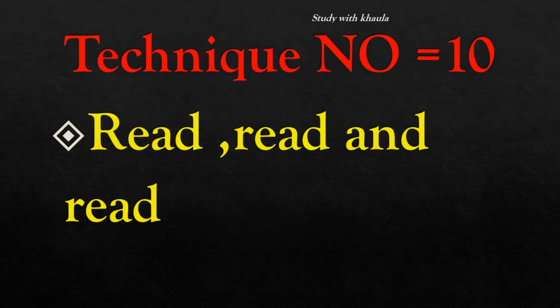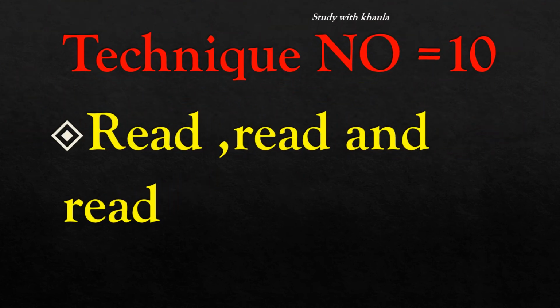Technique number 10. This is the last technique we are going to study. Read, read, read, and check your movie review thoroughly. It can be embarrassing and boring to find your errors, and finding errors in your work is time-consuming. But remember that it's going to be published. It's going to be a review for someone else, so you have to be very careful about your mistakes.